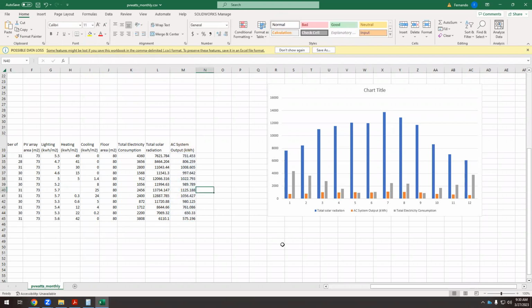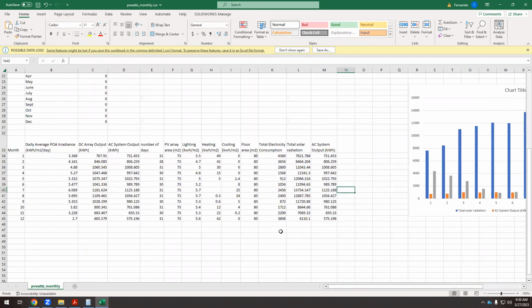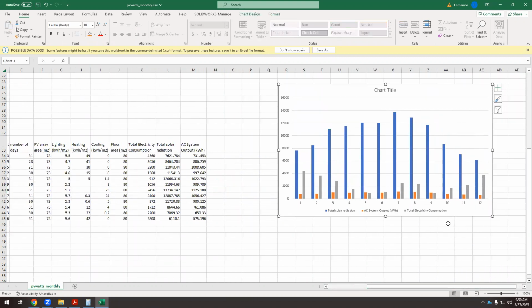Okay, so this is a very good outcome from PV watts. And by combining PV watts and Excel, we can have this. And visually, we can see if we are far or we are close to achieving this goal.